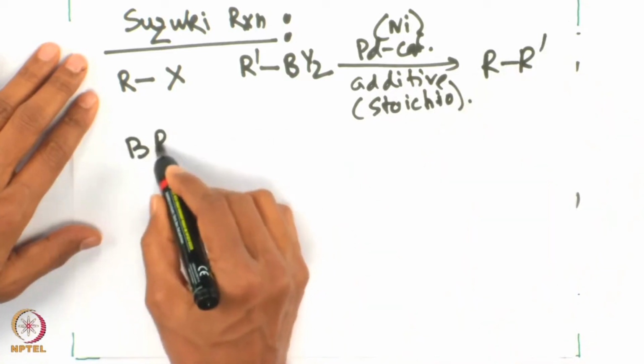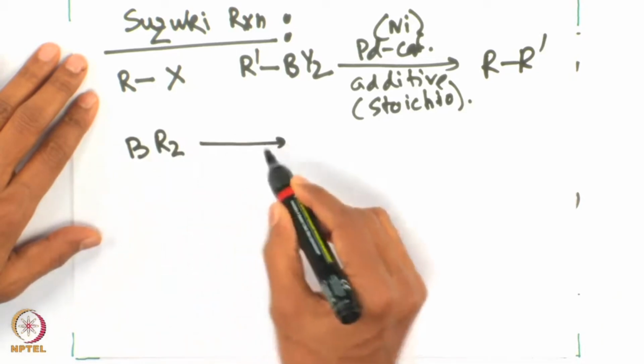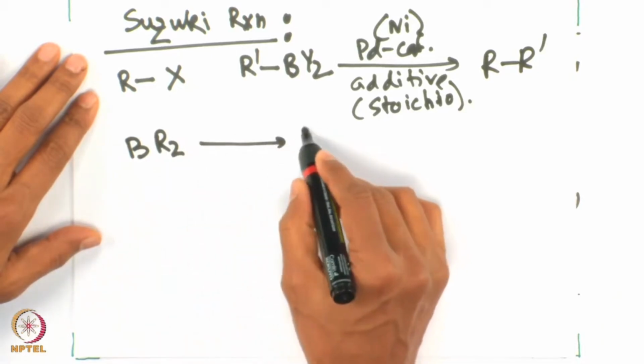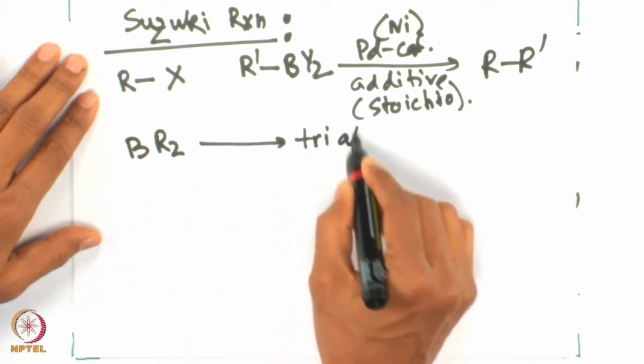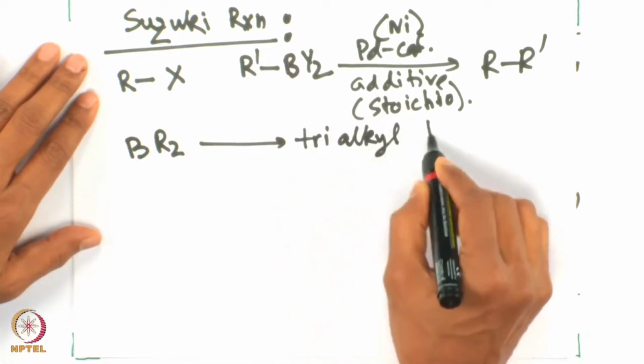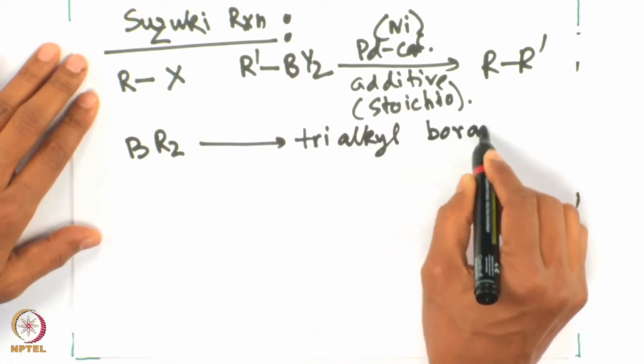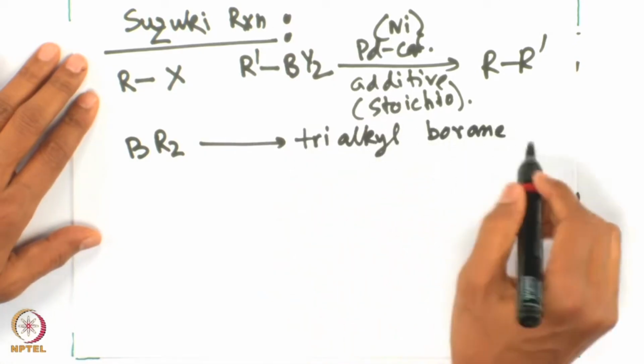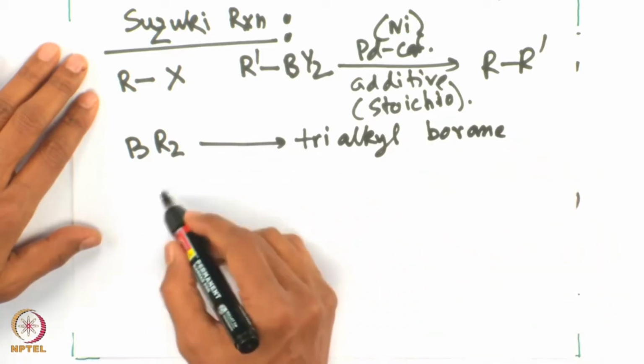If it is BR2, that means a trialkyl borane, that can also be used as a suitable coupling partner for the Suzuki reaction.